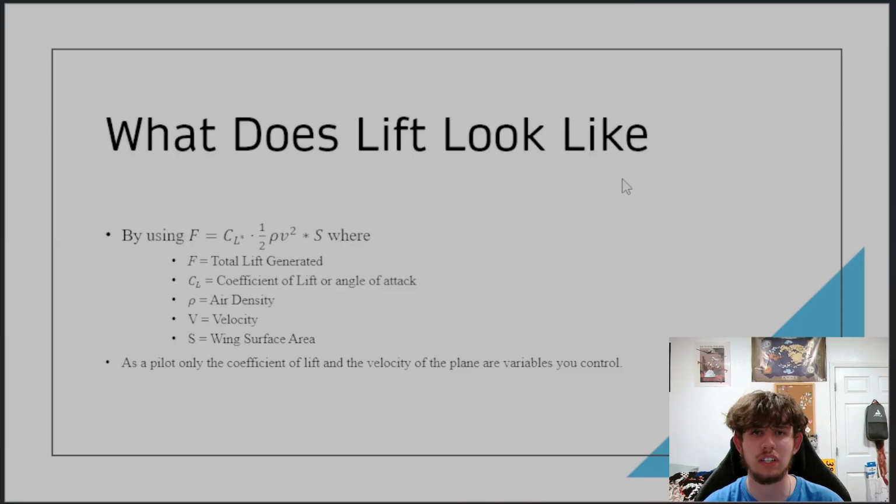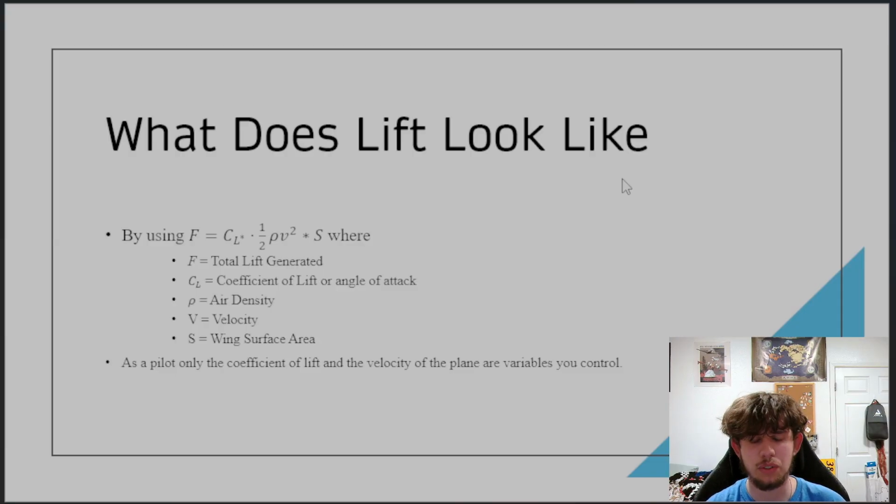If you buy a Cessna 172, you're not really going to make the wing on the Cessna 172 bigger, unless you're using flaps, of course. So we kind of control that in a sense, but controlling that wing surface area also changes the coefficient of lift, or the angle of attack of the wing. So it's more of a six of one, half a dozen of the other in that scenario.